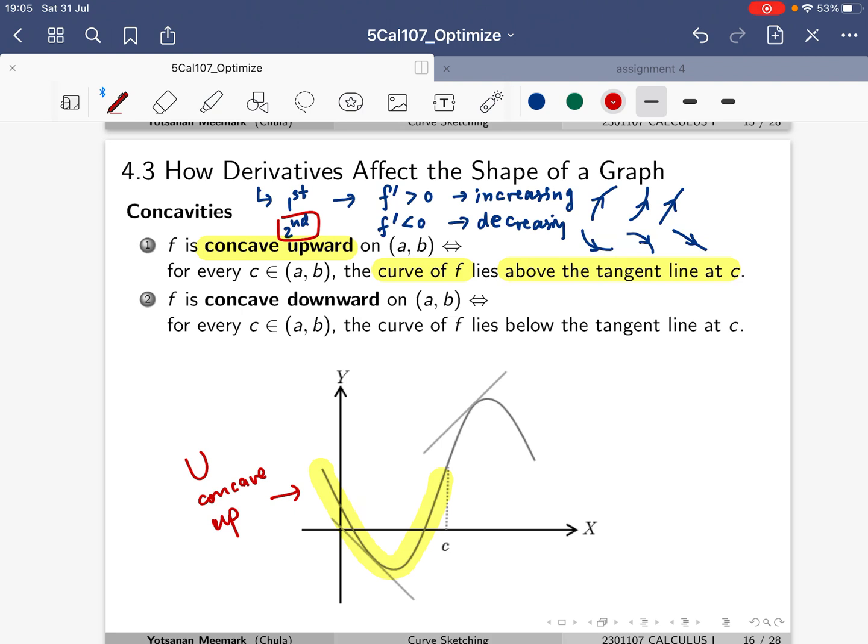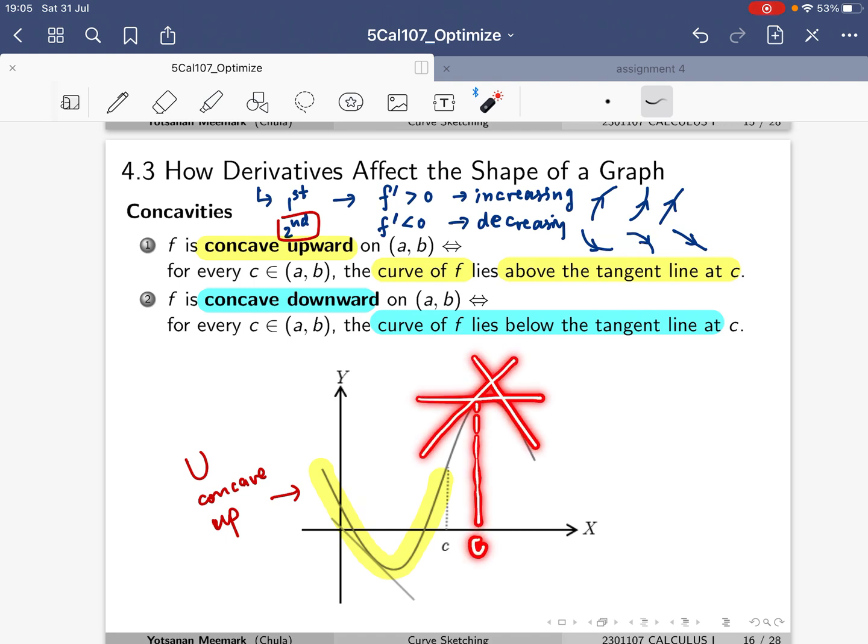The next kind of concavity is concave downward. It means that your curve y equals f lies below the tangent line. For example, if this is your point c under consideration, here is the tangent line.